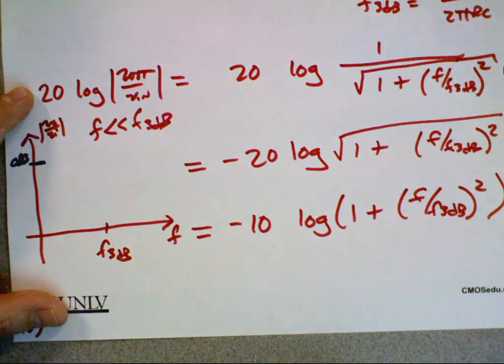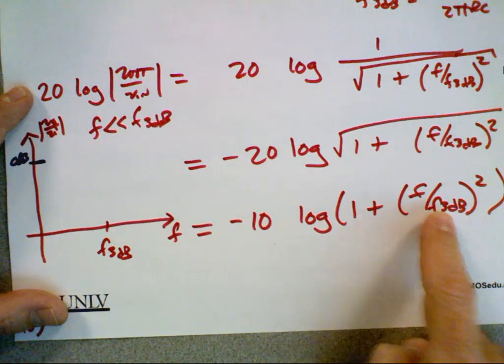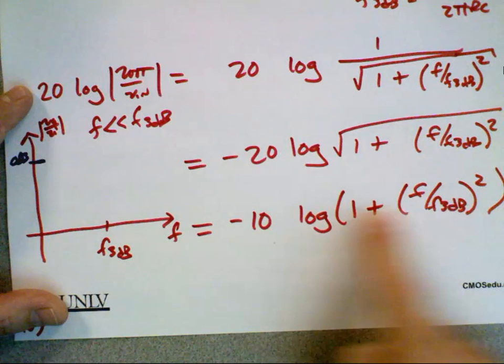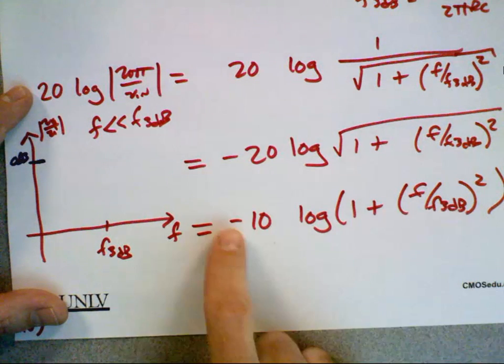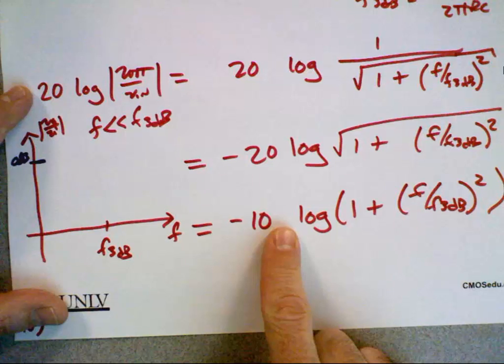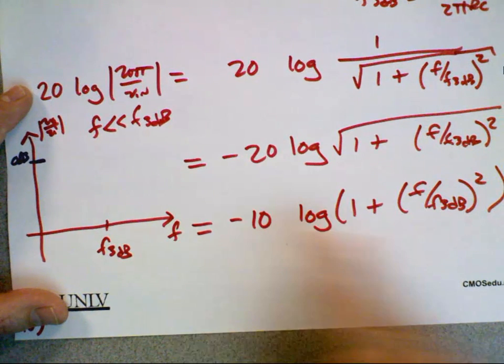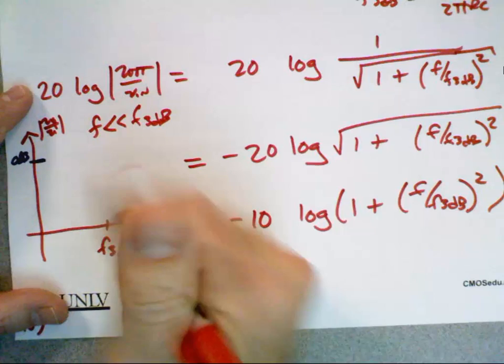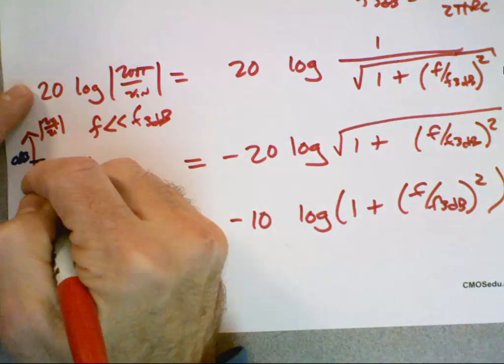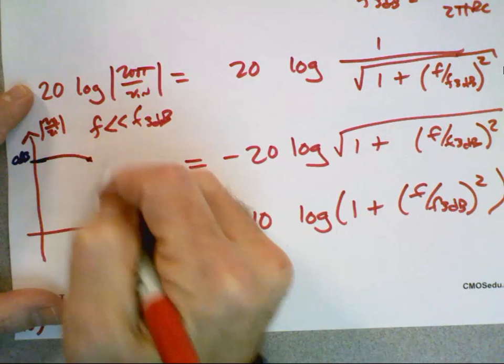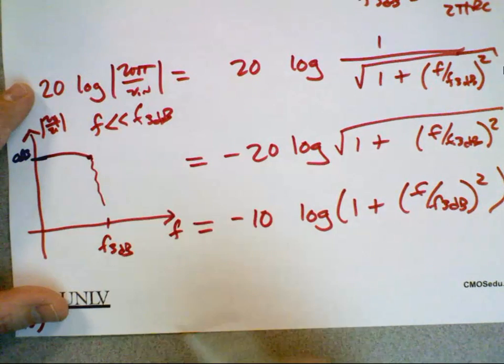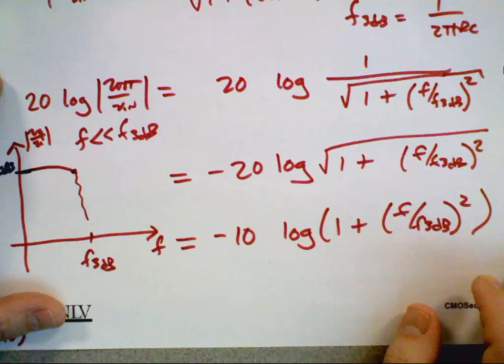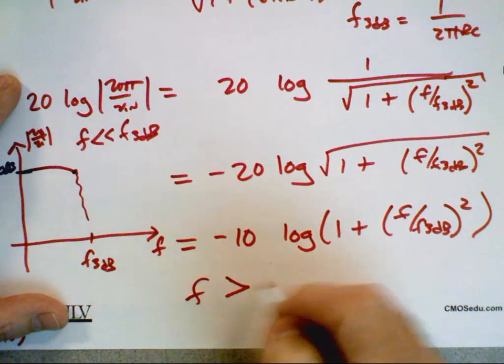We already went over it. When F and F3dB are the same, log of 2 times 10 is minus 3 dB. So I go up here. This is why they like it. So it starts rolling off. And yeah, that's supposed to be there. I'm a horrible artist.